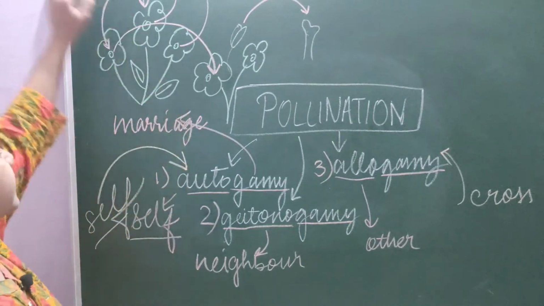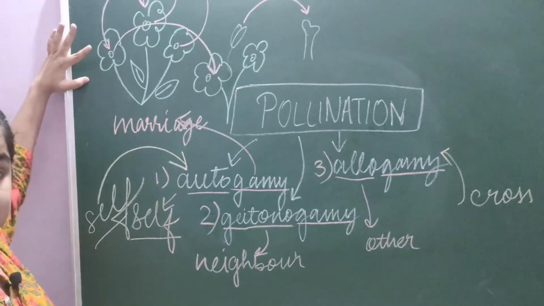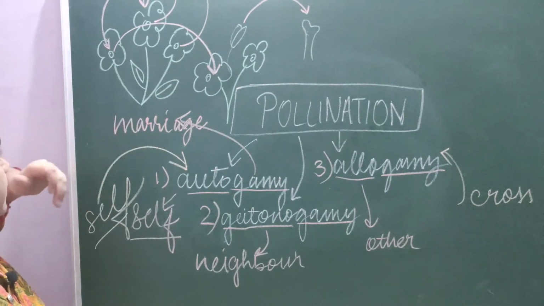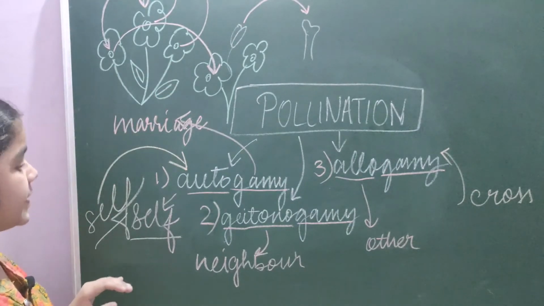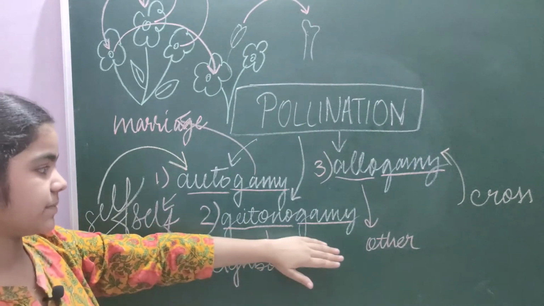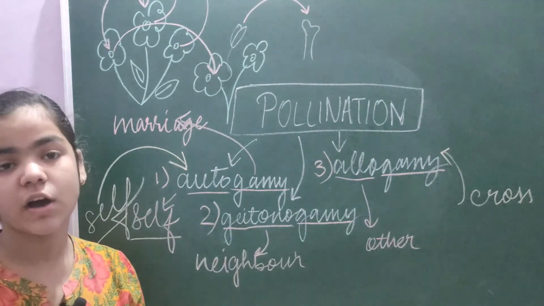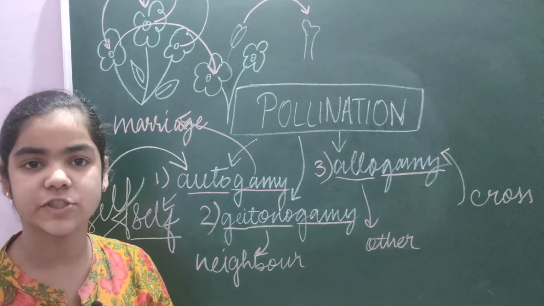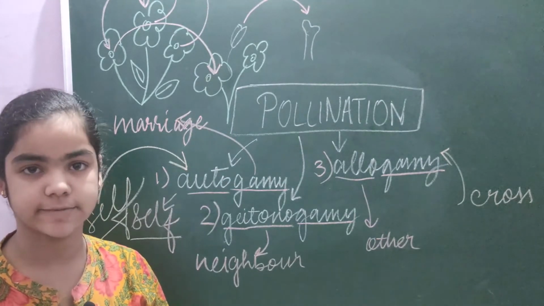Now, it may be a case that this is a pistillate flower and this is a staminate flower. So in this case, this will be termed as geitonogamy and this will also be self-pollination. Let us now discuss self-pollination and cross-pollination in detail.